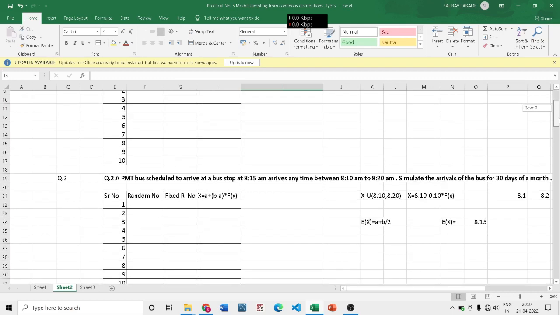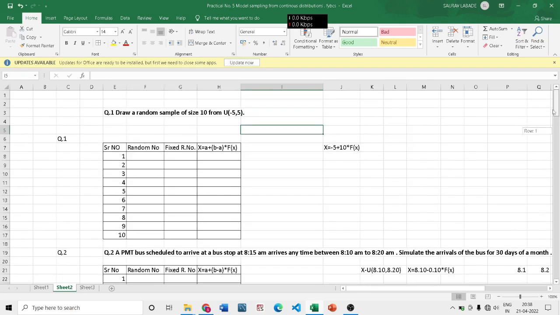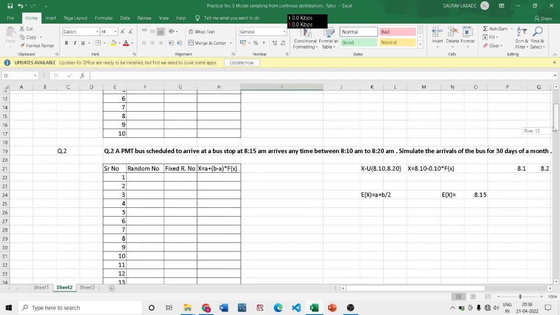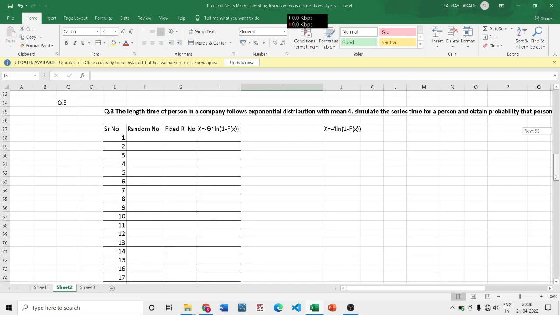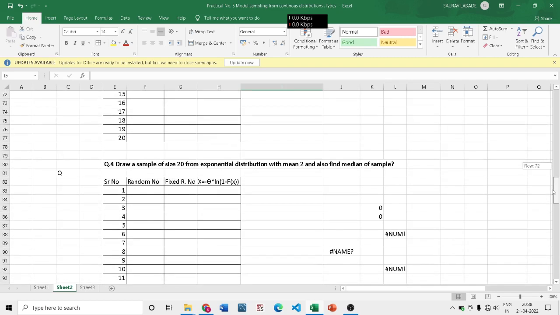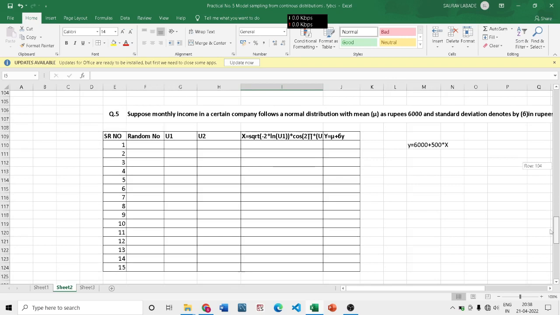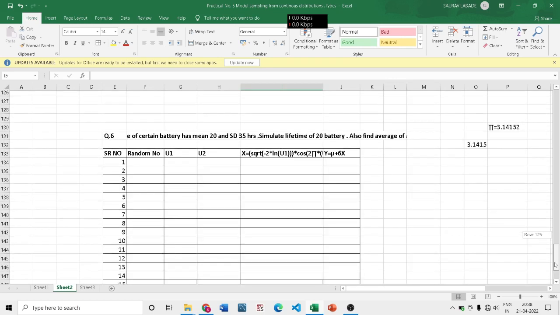The second question is again of the uniform distribution, that means the first two examples are of the uniform distribution. The third and fourth are of the exponential distribution, and the fifth and sixth are of the normal distribution. Okay, right? So we will just start.